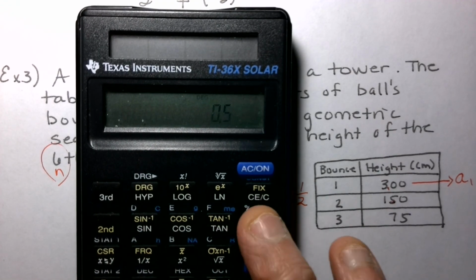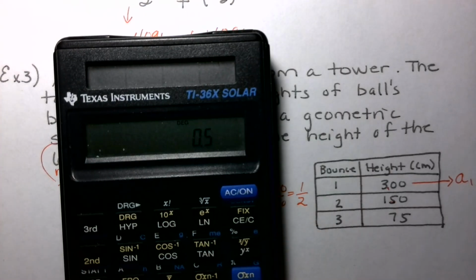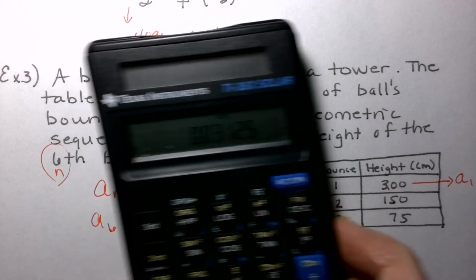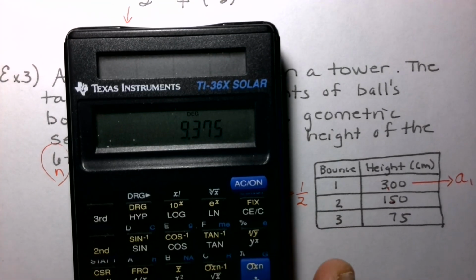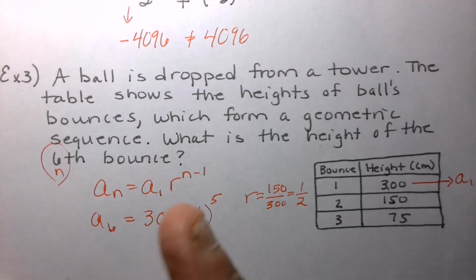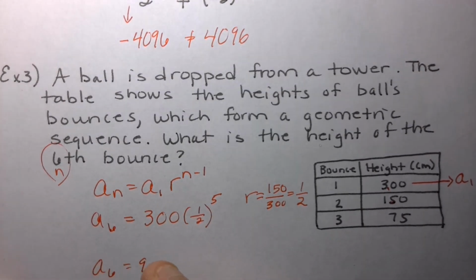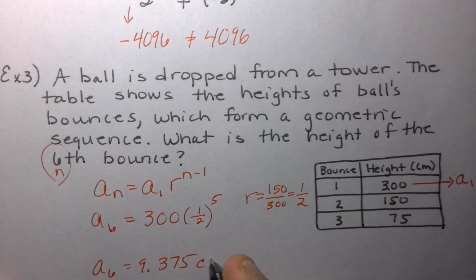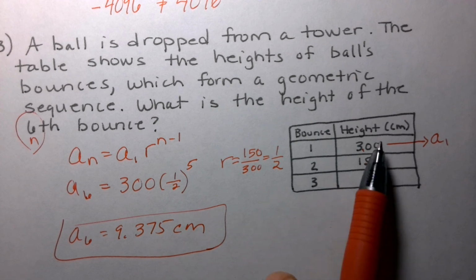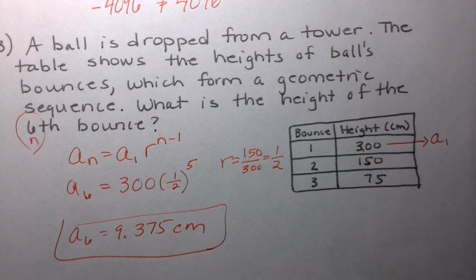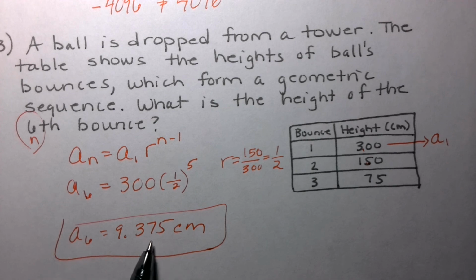So I'm just going to do that. Raised to the 5th power times 300. And I get 9.375 centimeters. That's how high that sixth bounce will be. Starts at 300, and as you know, slowly goes down, down, down, down, down. Well, by the time you get to the sixth bounce, we're not getting very high off the ground anymore here.